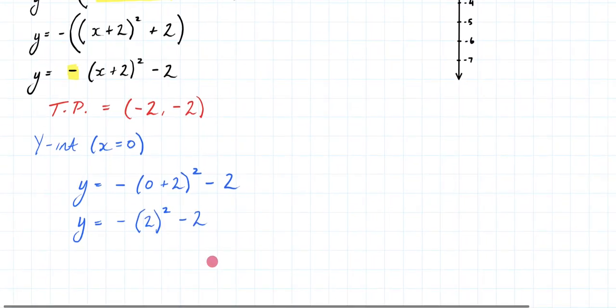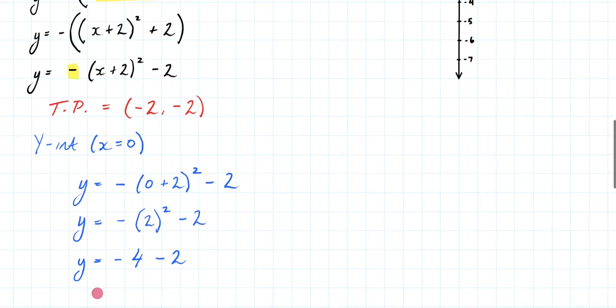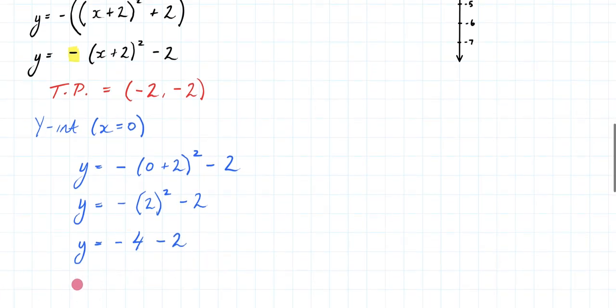Scroll down a bit more, which means I'm going to get y equals negative 2 squared is 4 minus 2. And then finally, my y-intercept is going to be y equals negative 6.